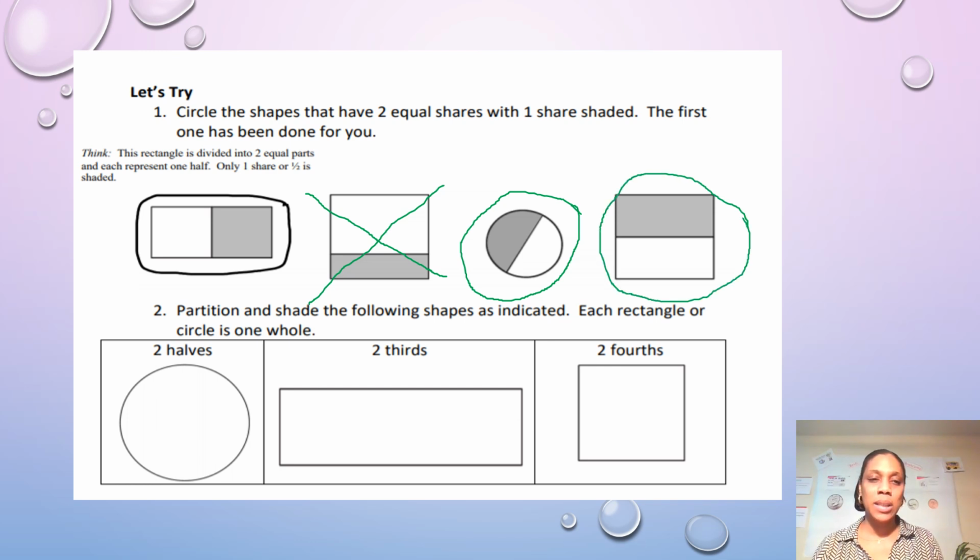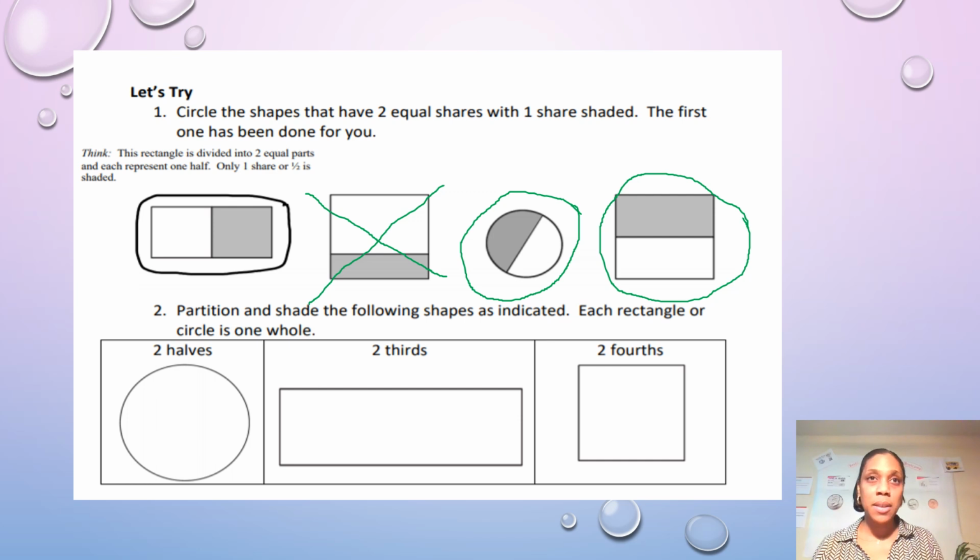So let's move on to the second section. The second section says I'm going to partition, or I'm going to divide. Partition and shade the following shape as indicated. Each rectangle or circle is one whole.